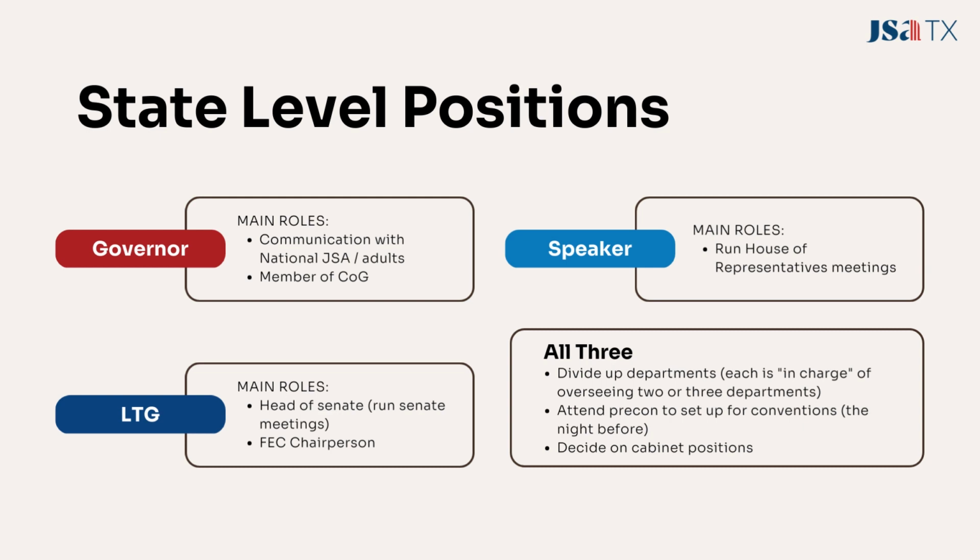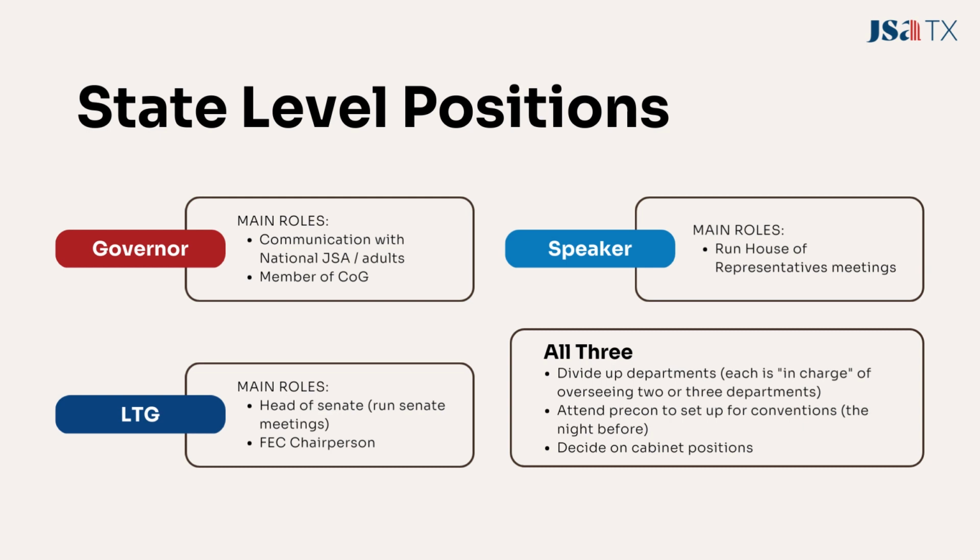And a big thing that the big 3 members do is decide on cabinet positions. So that includes mid-year and regular summer cabinet applications, and they not only decide who will be on cabinet, but they also decide what will be on the application for cabinet and send all of that information out.